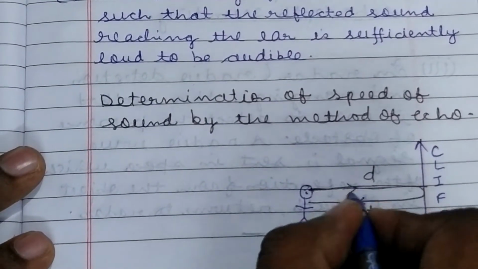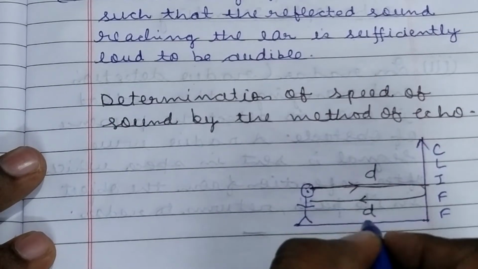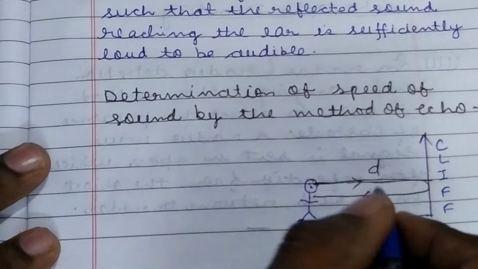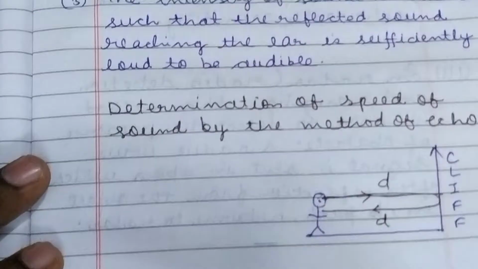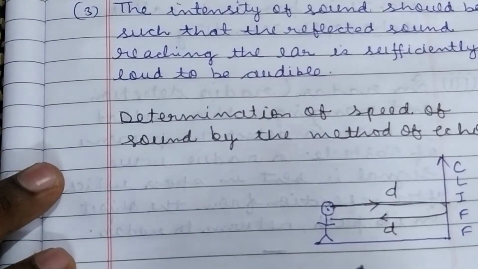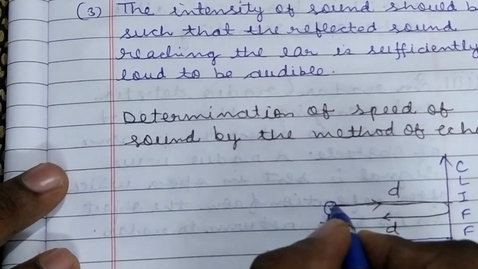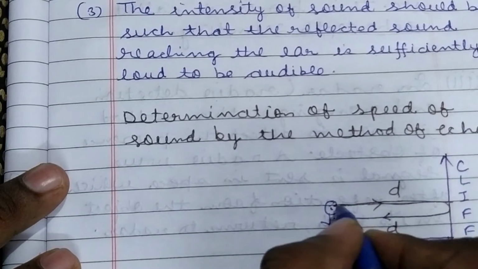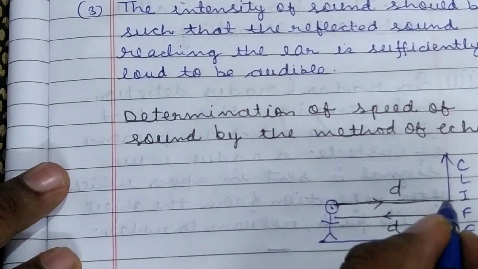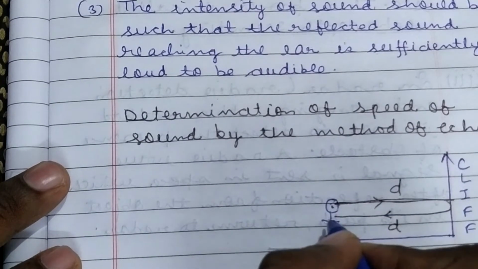Then how much distance will this sound travel? Double the distance, that means 2d. In echo-based numericals, you take the double distance because the sound first travels distance d from the sound source to the reflector and then reflects back to the sound source.